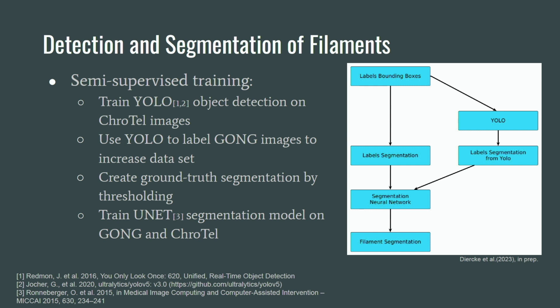And with the combination of GONG and Crotal, we then created segmentation maps. So YOLO is giving us bounding boxes, and from these bounding boxes, it's much easier to get segmented filaments, which are then the input maps for the U-Net training, which is then trained on GONG and Crotal together.